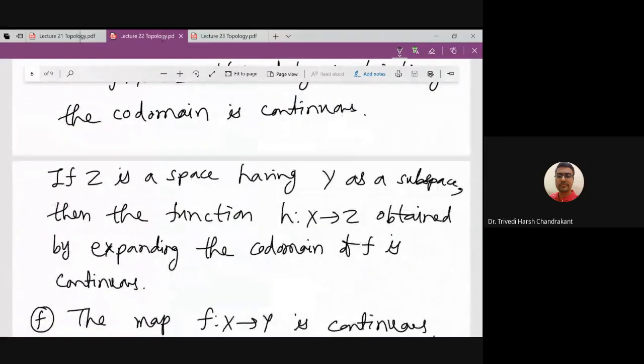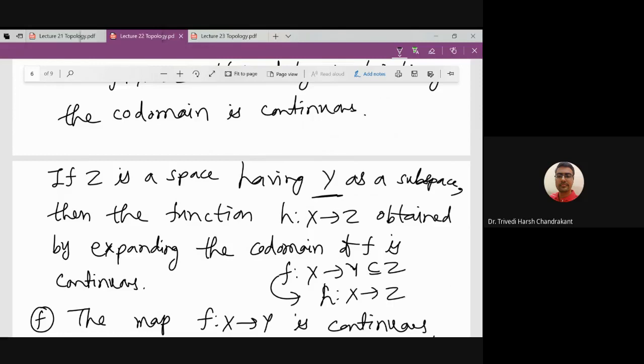That is, if Z is a space containing Y as a subspace, then the function h from X to Z. Earlier we were taking f from X to Y, then Y is a subset of Z, and now using this function I am considering h, which is a function from X to Z. So this extended function, by extending the codomain, is continuous. That is what we want to prove.